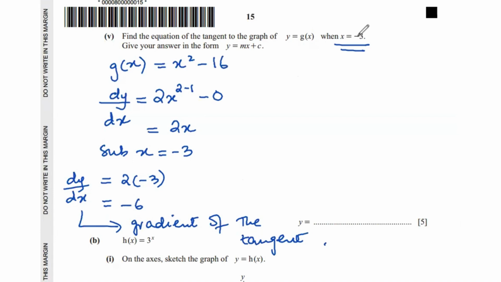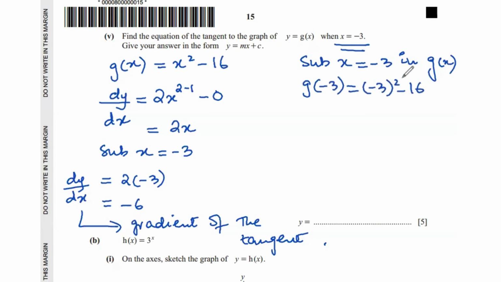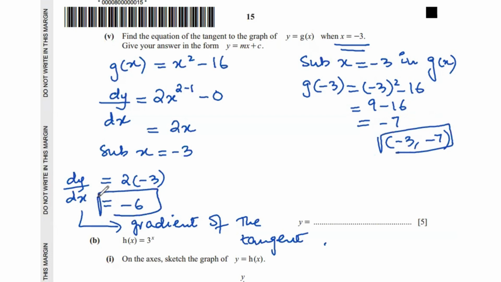For the corresponding y value, we're going to substitute x equals -3 in g of x. So g of -3, which is (-3) squared minus 16, 9 minus 16, and that gives us -7. So the point we have over here is (-3, -7). Now using this point and this gradient, we're going to find the equation.